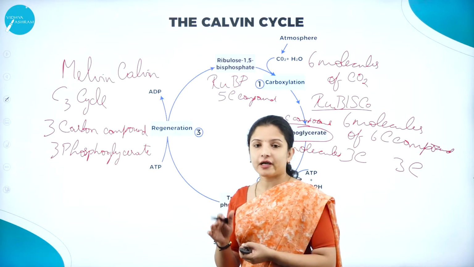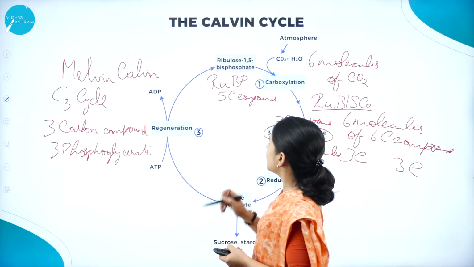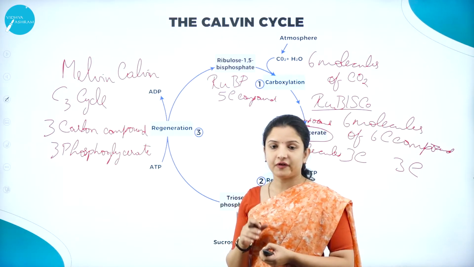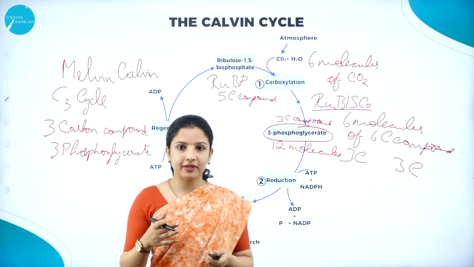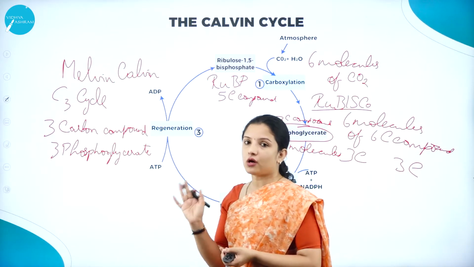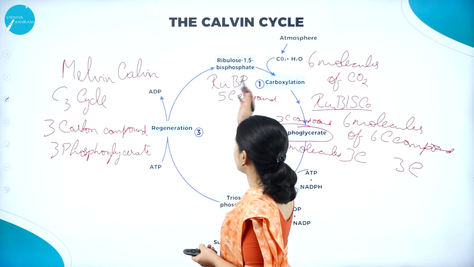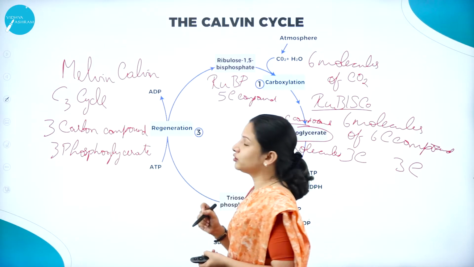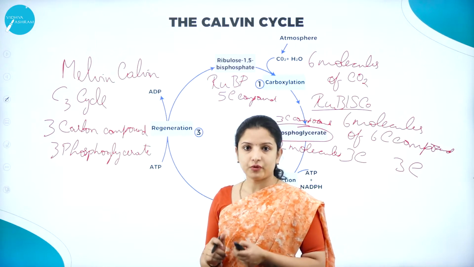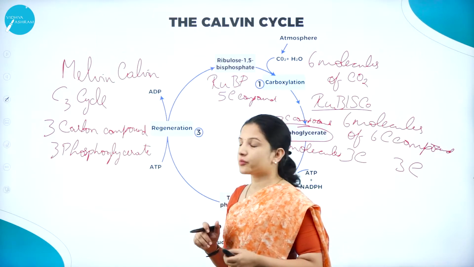RUBP. Why? Because only if RUBP, that is ribulose 1,5-bisphosphate, is there can the further process take place. If the cycle has to continue uninterrupted, and 6 cycles have to complete, every cycle a new RUBP, a 5-carbon compound, should be formed.